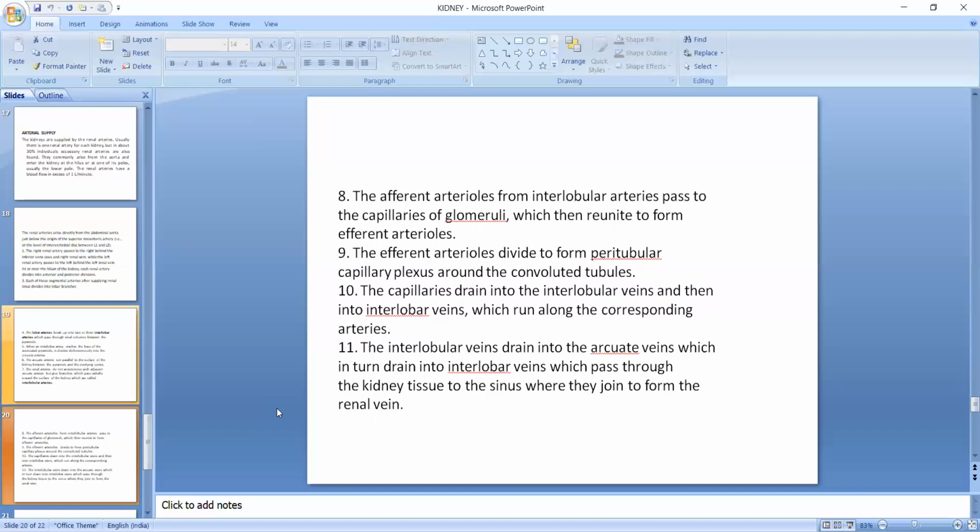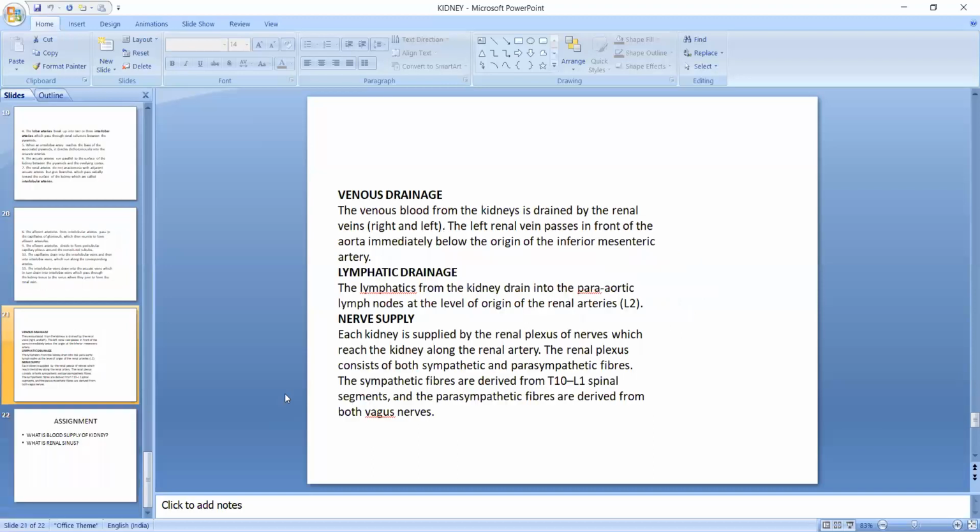The capillaries drain into the interlobular veins, which drain into the arcuate veins, which in turn drain into the interlobar veins, which run along the corresponding arteries and pass through the kidney tissue to the sinus, where they join to form the renal vein.